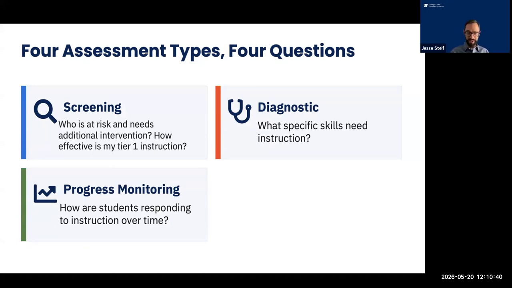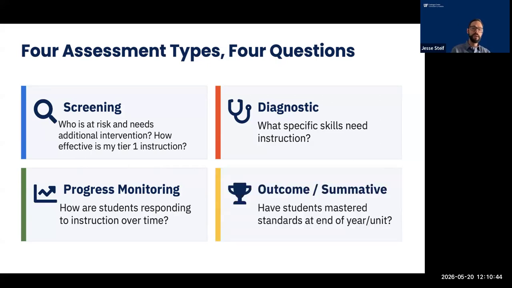They have specific characteristics that make them useful for answering that question. And then we have outcome or summative assessments, our standards-based end of unit or end of year assessments that give us a high level picture of whether students have mastered the standards we've taught towards.